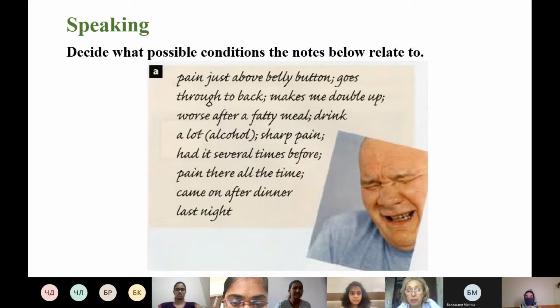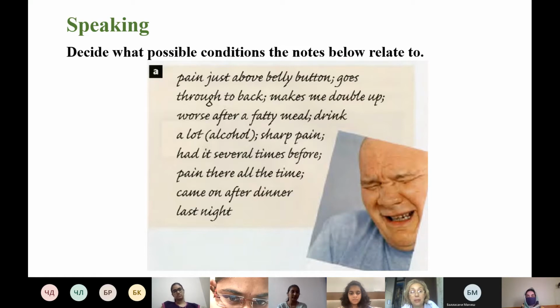If it is connected with taking meals, so I think this is a kind of gastritis, for example, or pancreatitis, right? Yes. So some kind of these diseases. You know more about this. I'm not a specialist in medicine. Ma'am, what does double up mean?